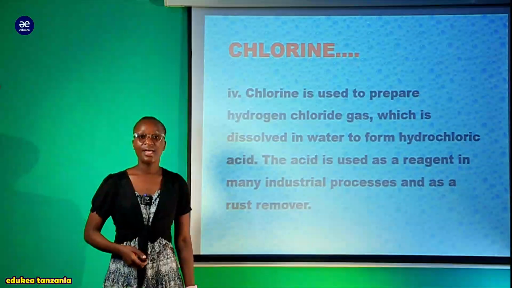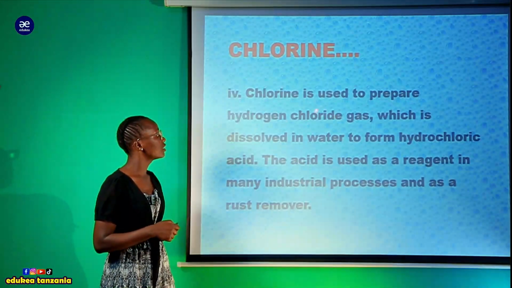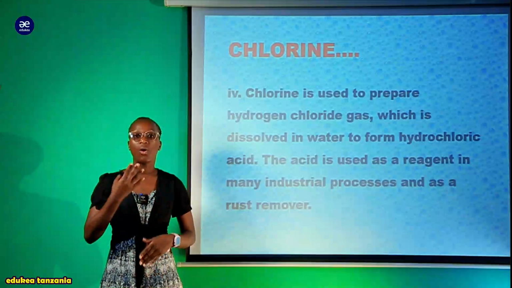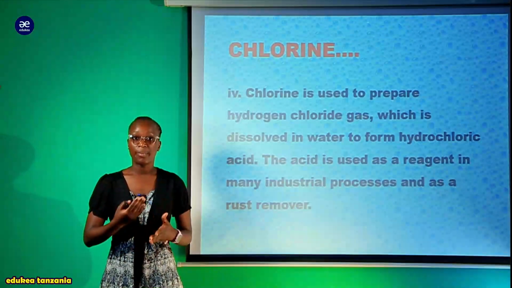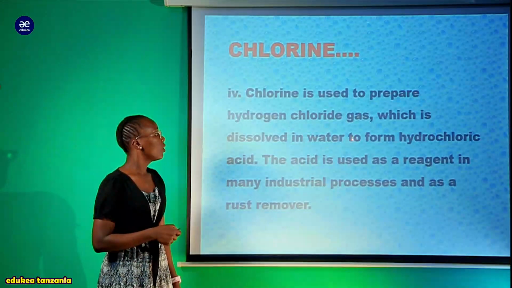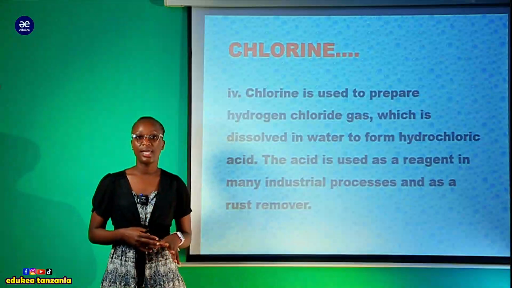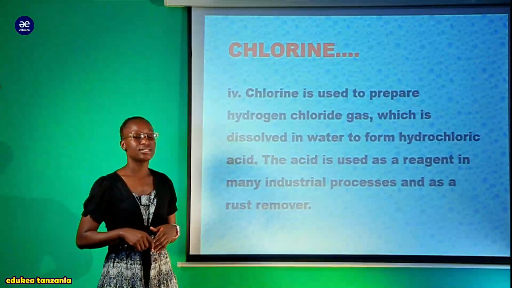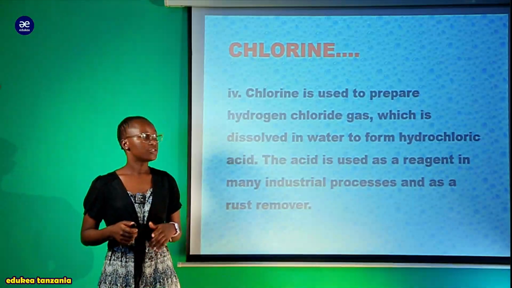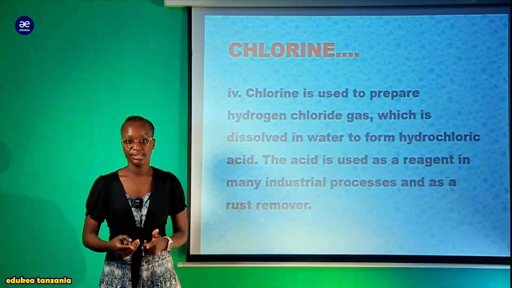Now, my student, another uses of chlorine is that chlorine is used to prepare the hydrogen chloride gas, kwamba yenyewe simply inatumika katika kuandaa au katika utengenezaji au katika preparation ya hydrogen chloride gas, which is dissolved in water to form a hydrochloric acid. Kwamba huyu chlorine anatumika kuprepare hydrogen chloride gas.